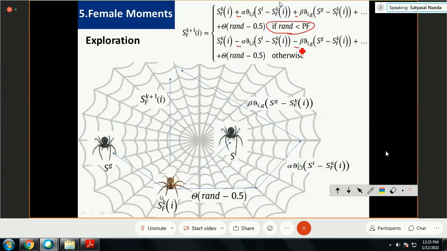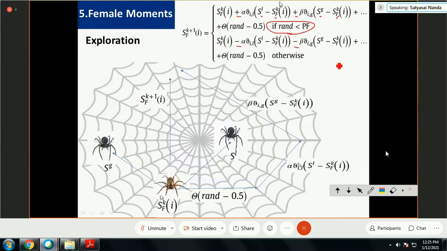A particular female spider will move towards the local spider as well as towards the global spider if its socialization interest is there, its mood is good, and then both these factors become positive.